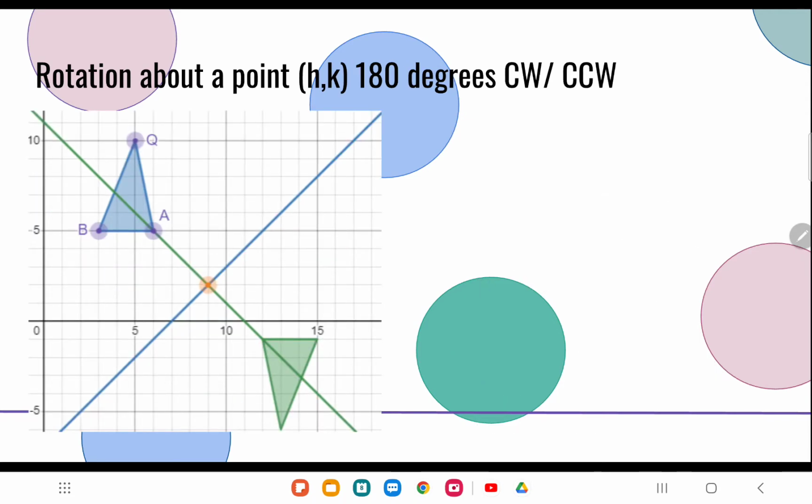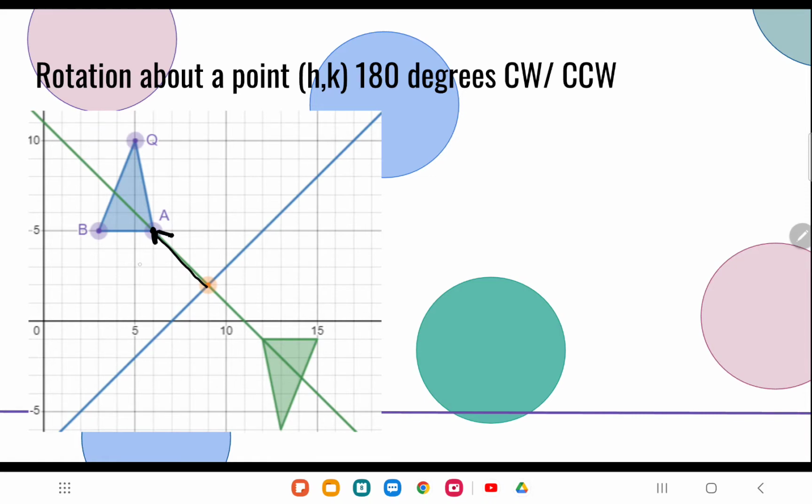To rotate about the point H, K that is 180 degrees clockwise or counterclockwise, we're going to do a similar process using vectors and using the rules of rotation of 180 degrees about the origin, but now with the vectors. So once again, I begin by drawing my vectors to my different vertices.